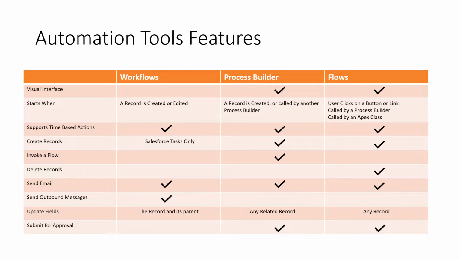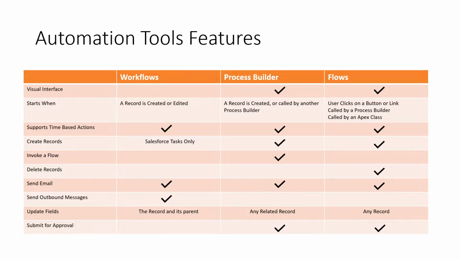Send emails. Send email notifications is a very simple feature that you have probably seen, because you get notifications every single time a ticket is created or when people submit a service request through self-service. So send an email is a very basic feature within the three tools.